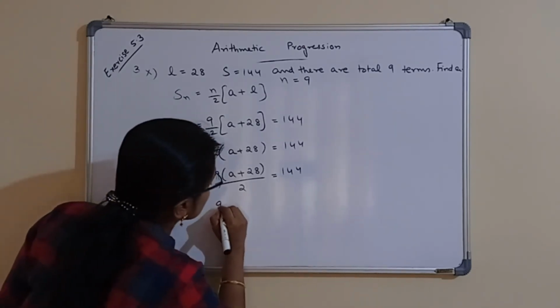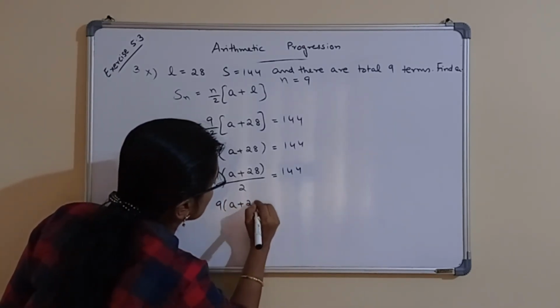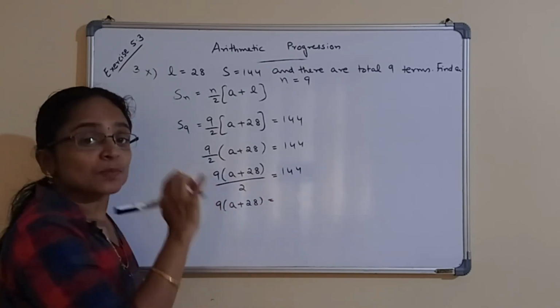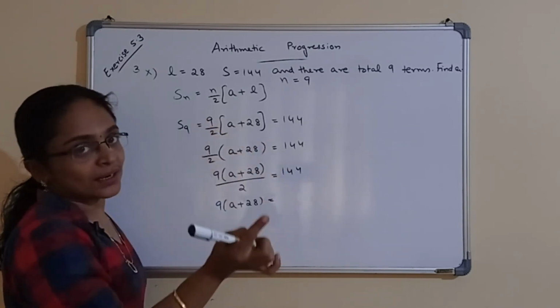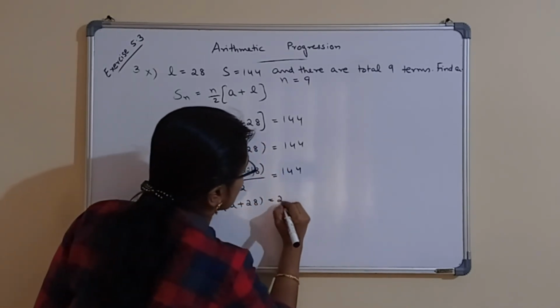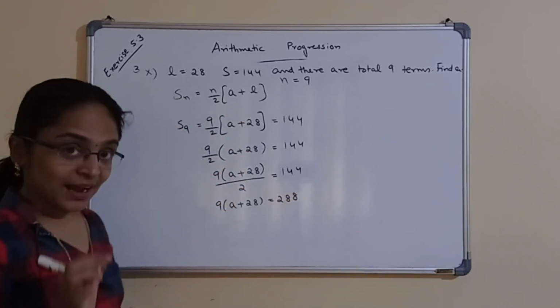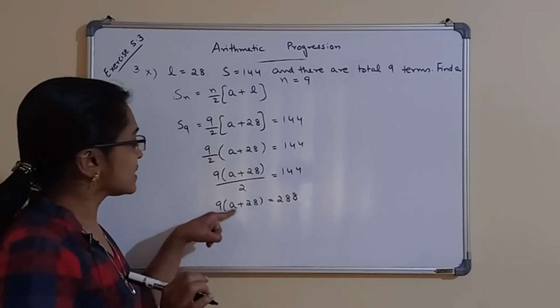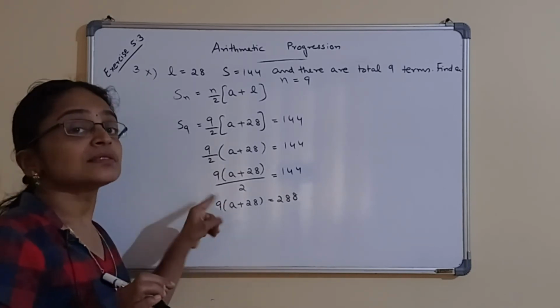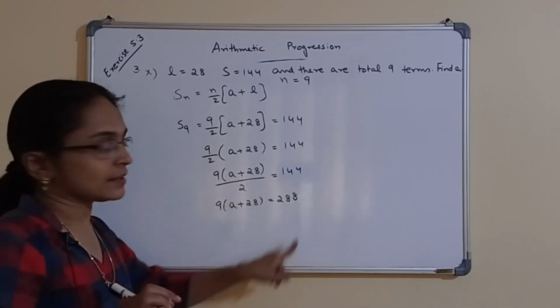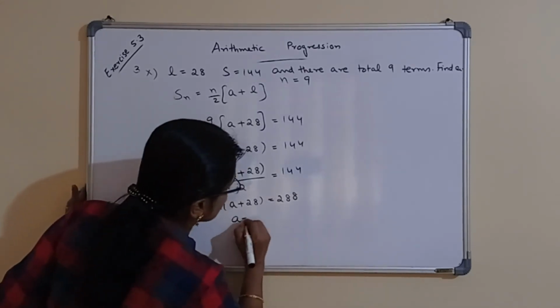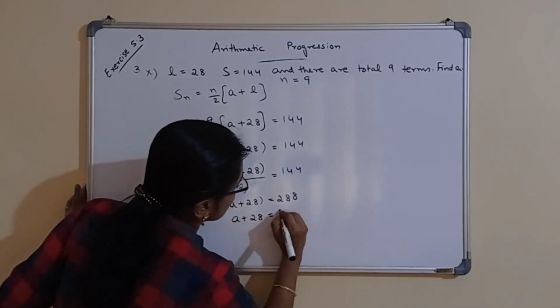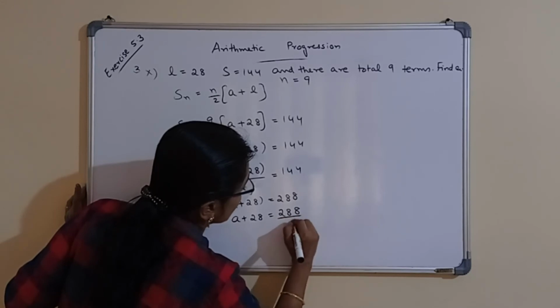So 9 into a plus 28 is equal to, cross multiplying this, 2 into 144, which is 288. Now we can take this 9 to the right hand side, so it will become divided by 9, right? So a plus 28 is equal to 288 by 9.